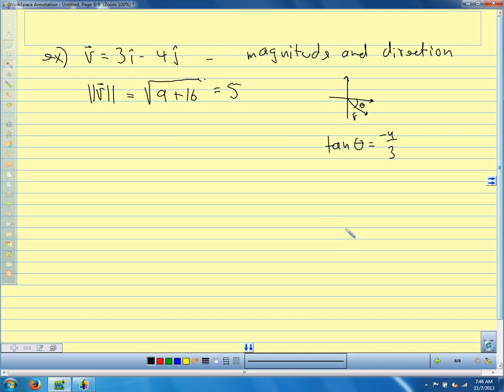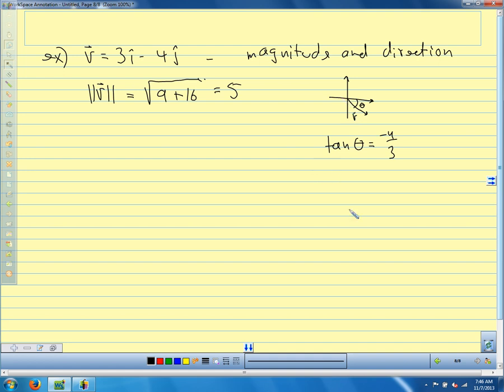We know we need a fourth quadrant angle, so we want to make sure that we get our sign correct. We could use inverse sine, or inverse cosine, but we'd have to make sure we get our quadrant correct.